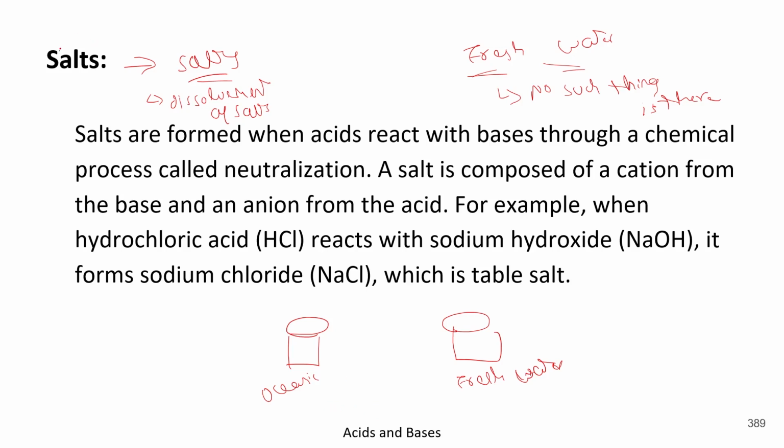Because salts have a savory taste, whereas fresh water does not have any savory taste. Got it? So when you try to drink this water and find that it is very savory, you can say it is oceanic water. But if you find the taste is neutral, you can say, sir, it is river water. Got it? That's how you can find out whether it is oceanic water or fresh water.